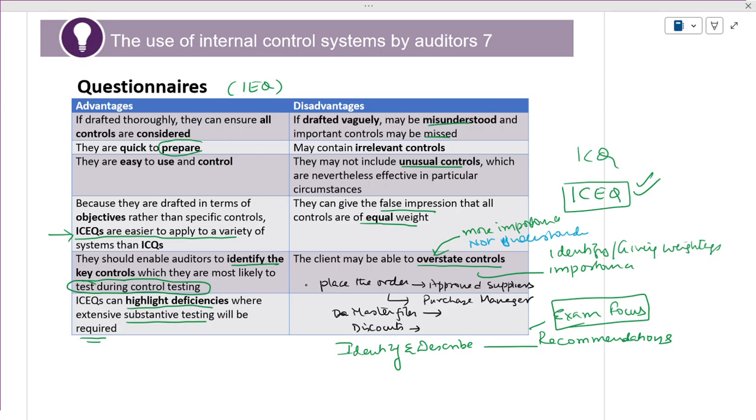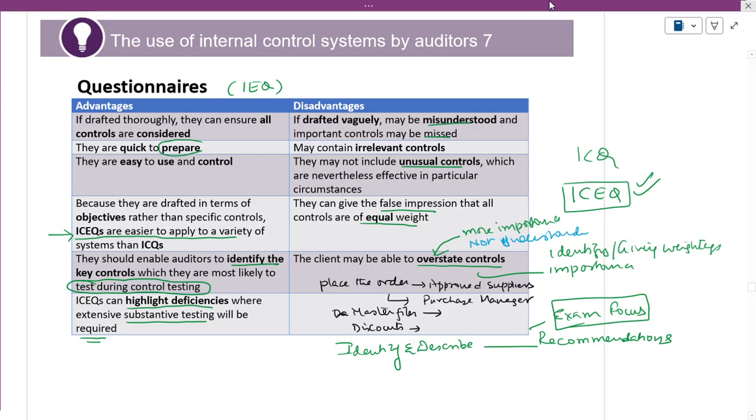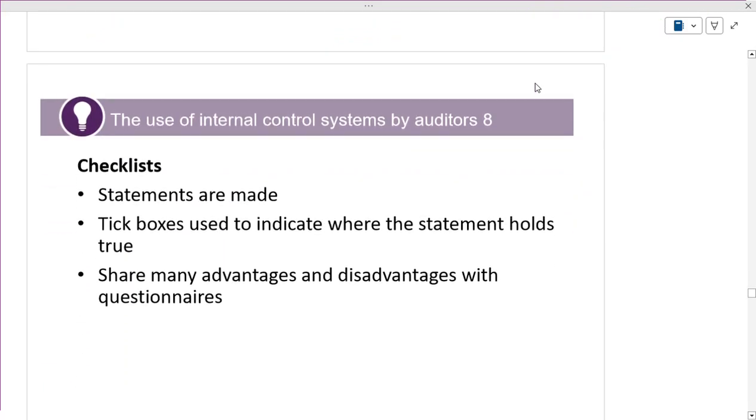The moment you go into detail, you will find n number of examples where the client may be able to overstate the controls. What will the auditors do? Everybody will use a checklist.